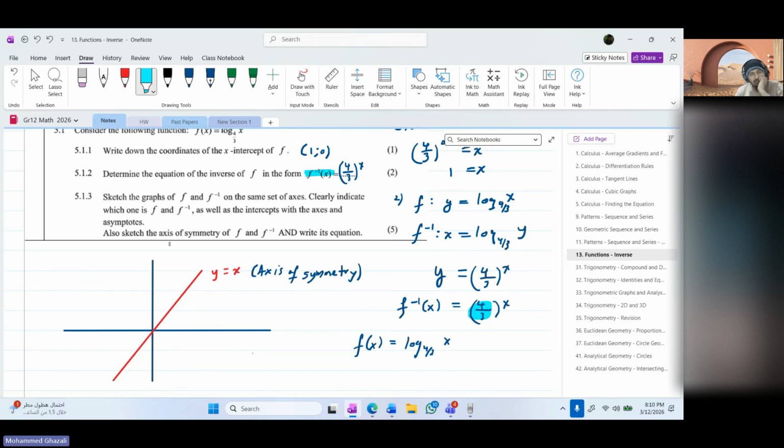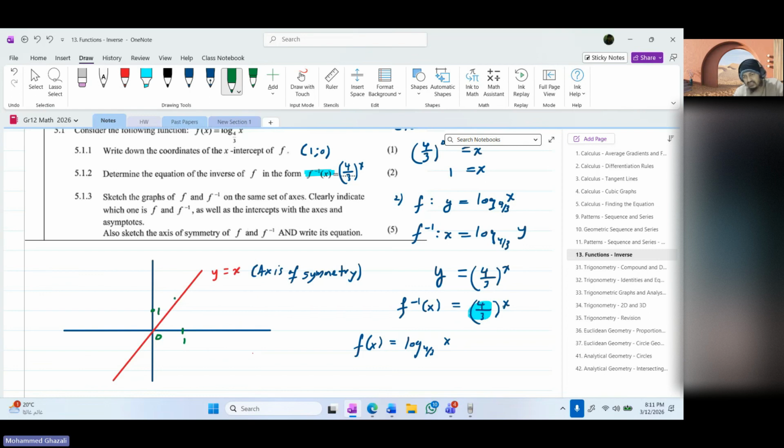Because this is bigger than 1, you're going to have an increasing exponential. This function is increasing, not decreasing, right? Well, we can check that. Let's substitute x value as 0. If x value is 0, y value is 1. So (0, 1). If I substitute x value as 1, I will get 4 over 3, just above there.